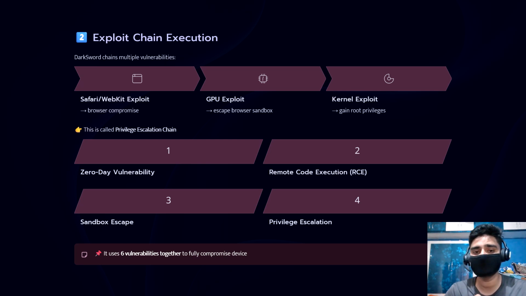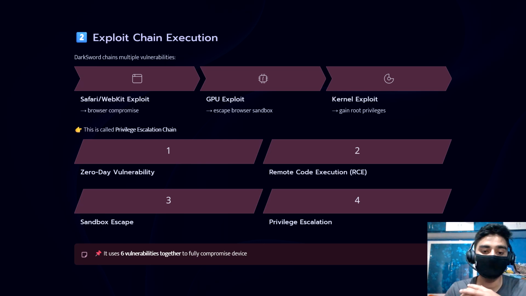DarkSword chains multiple vulnerabilities: a Safari WebKit exploit, along with a GPU exploit and a kernel exploit. The Safari exploit gains browser compromise, then escapes the browser sandbox, then gains root privileges. This is how the exploit chain works.